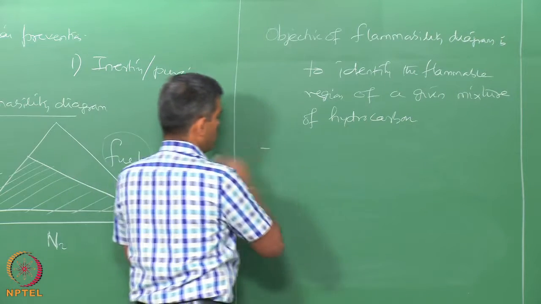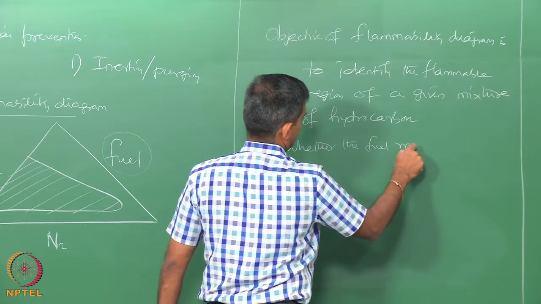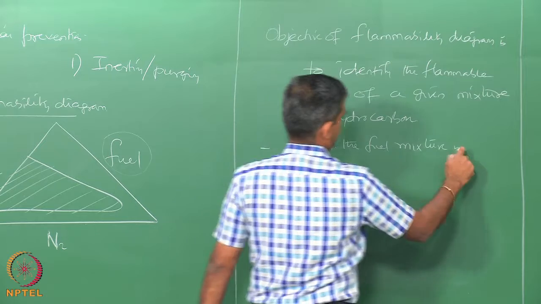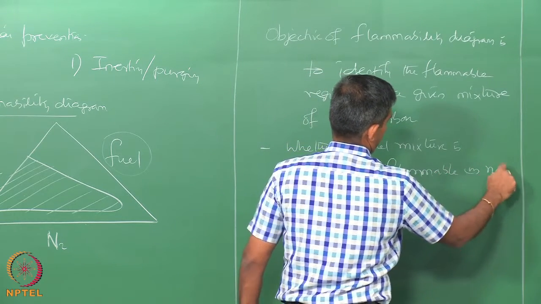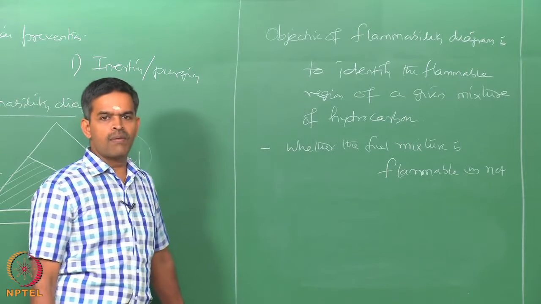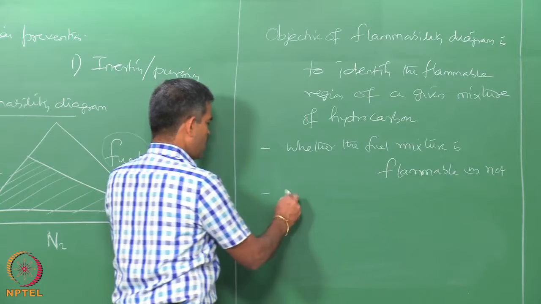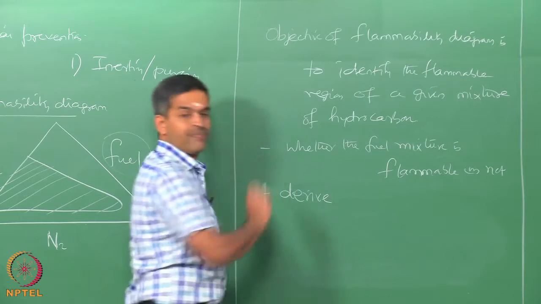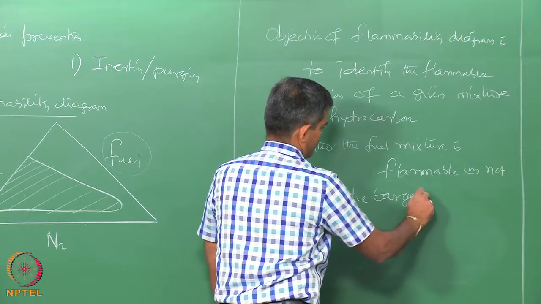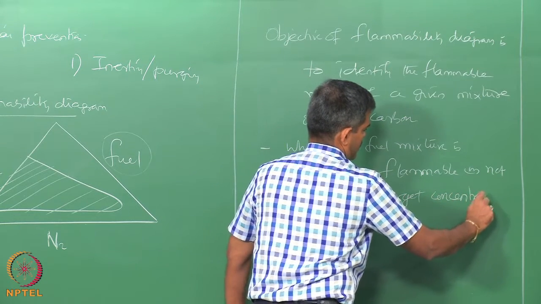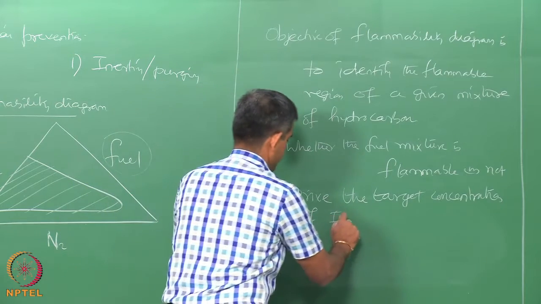The flammability diagram will tell you whether the fuel mixture is flammable or not, depending upon its flammability characteristics. Therefore, interestingly, one can derive the target concentration of inerting and purging.